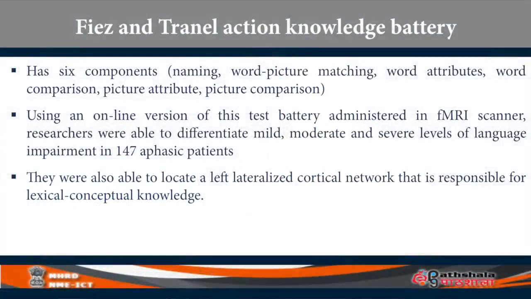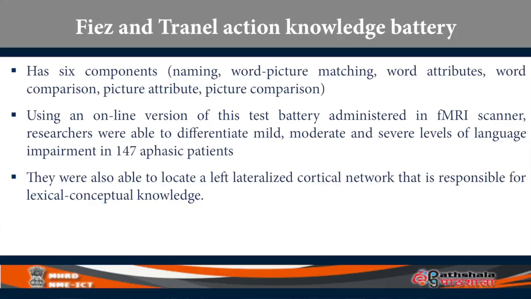But the point I would like to stress here is that the researchers were able to locate a left lateralized cortical network that is responsible for lexical conceptual knowledge.